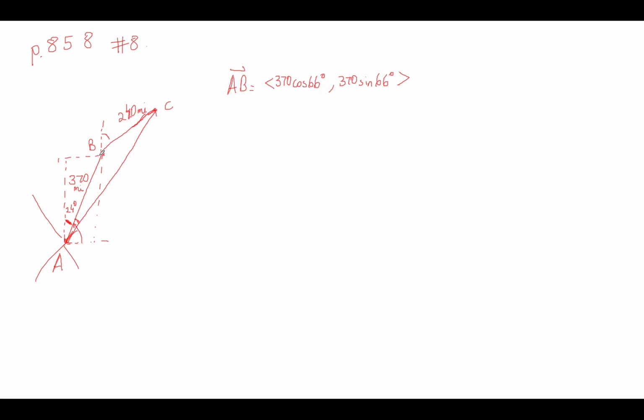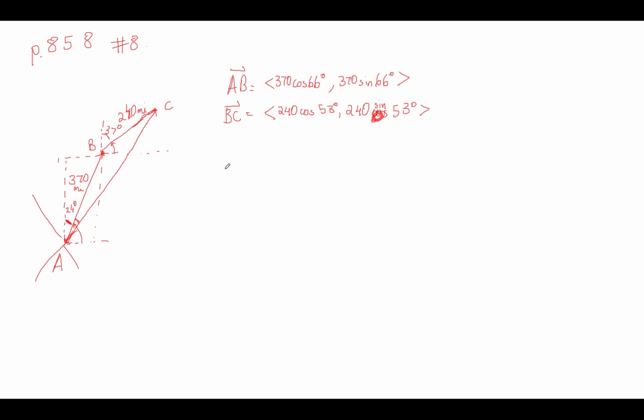Then I figure out my BC vector. Again, I want the standard position angle. This is 37 degrees, and I want this bit, which is 90 minus 37, which is 53. My hypotenuse is 240, so I do 240 cosine 53. That's the other advantage to always using your standard position angle: the x component is always a cosine of an angle, and the y component is always the sine of an angle.